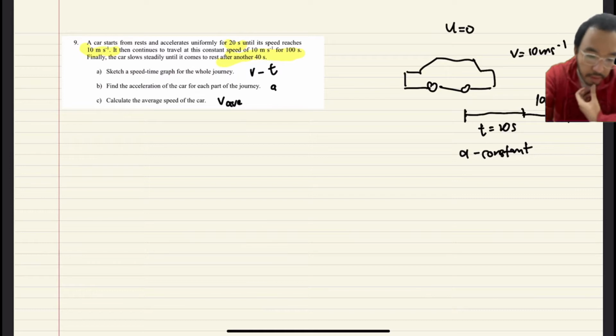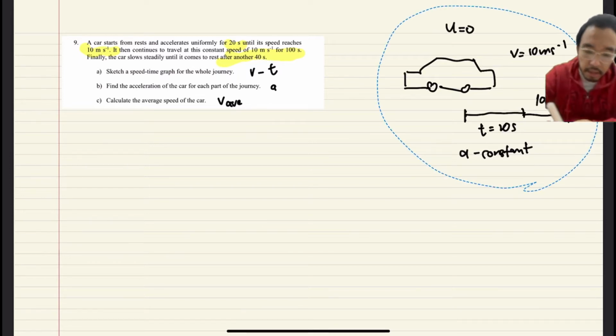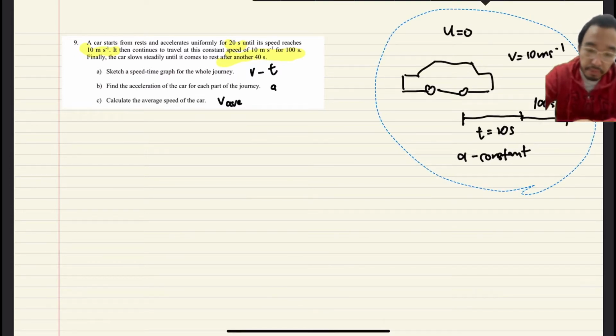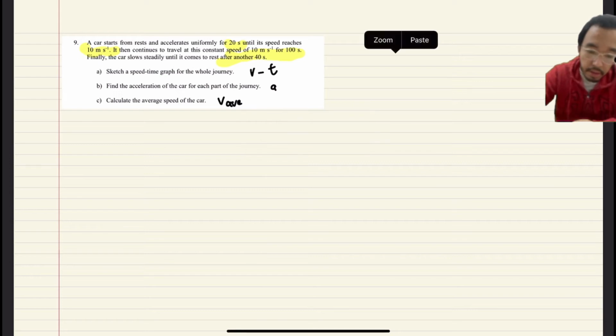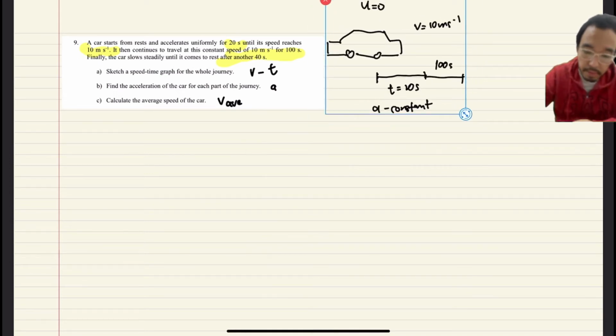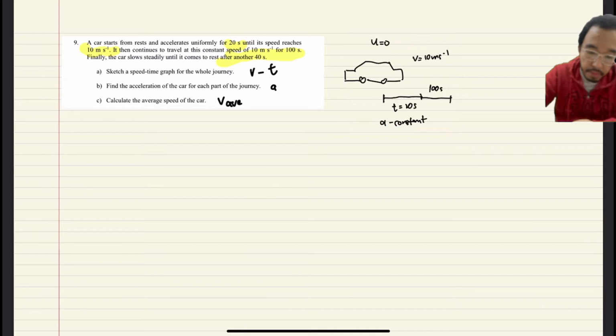Finally, the car slows steadily. I think I need to make this one a little bit smaller. Finally, the car slows steadily until it comes to rest in another 40 seconds. So the last part is 40 seconds.